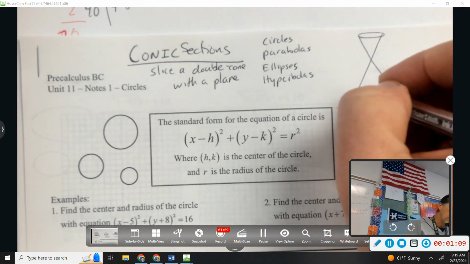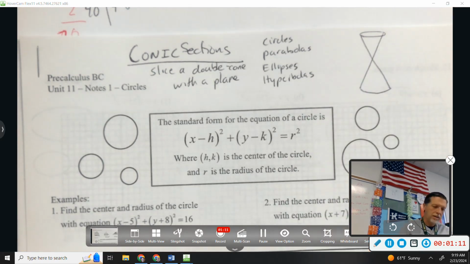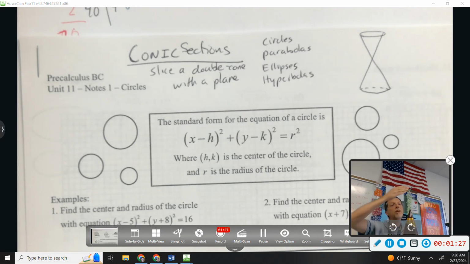So a double cone means what you think it might mean. A cone, one on top of the other. That's a double cone. If you slice it straight across, where the plane is perpendicular to the axis of the cone, you get a circle.